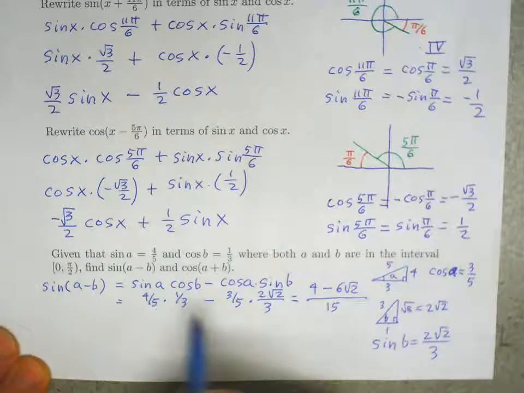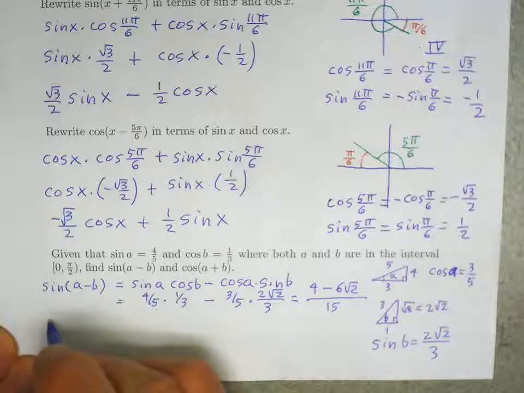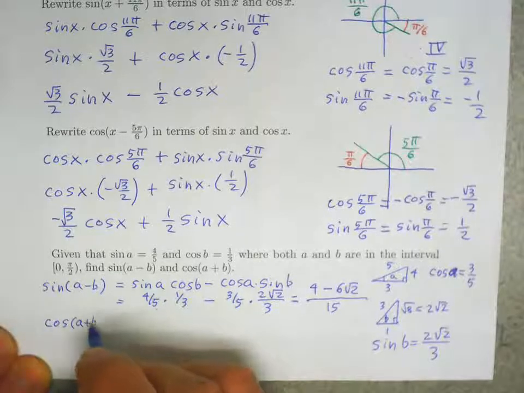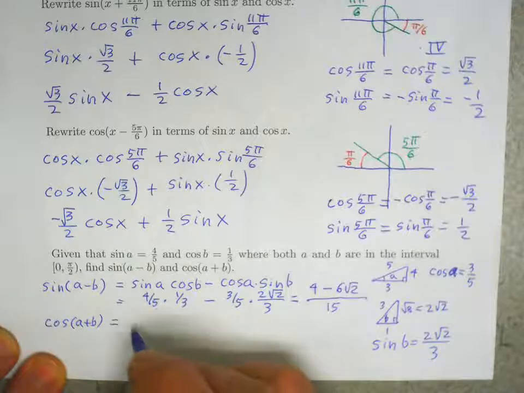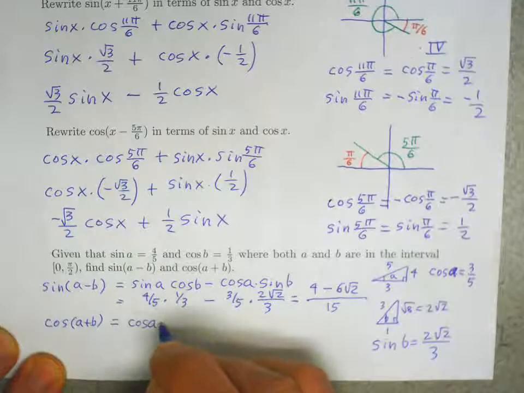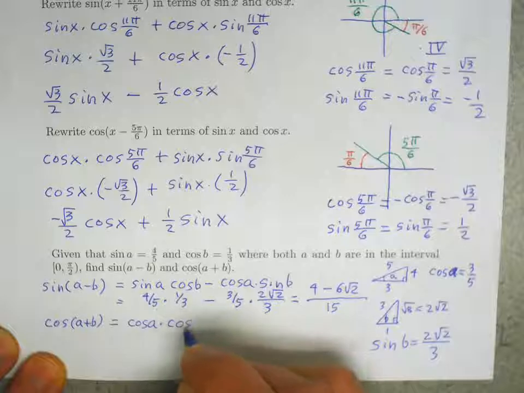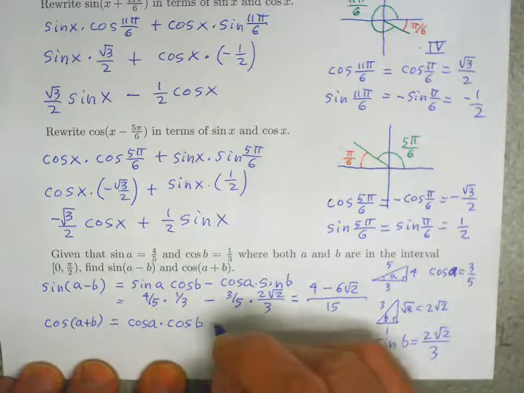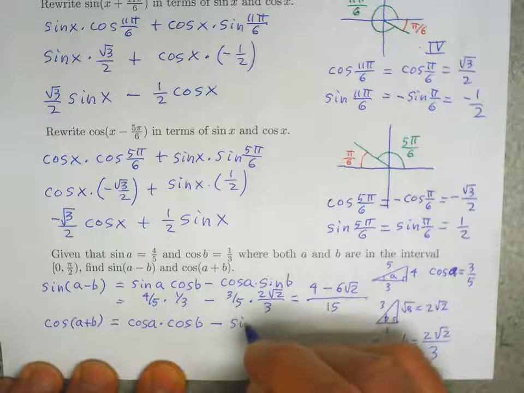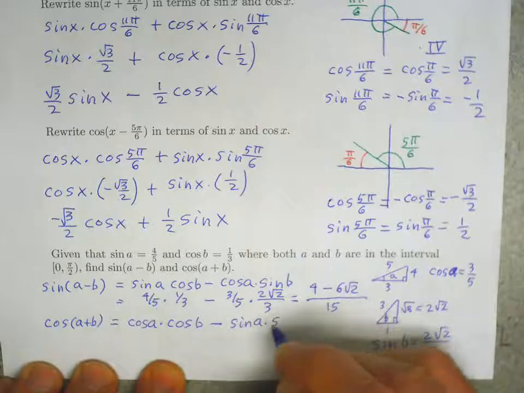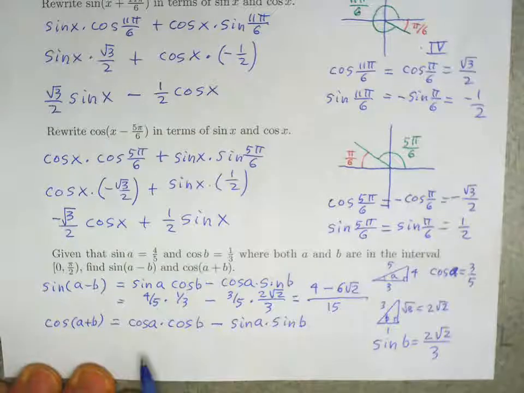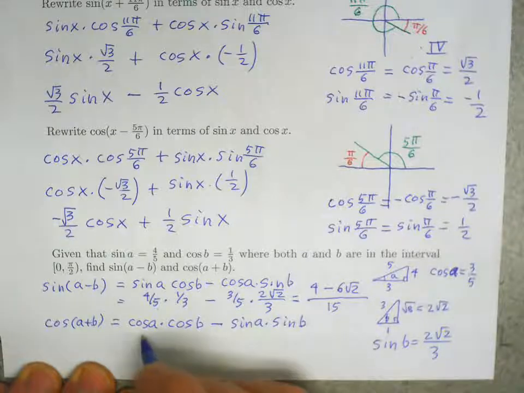Okay, the next one, cosine of A plus B. This is cosine of A times cosine of B minus sine of A times sine of B. Cosine of A, we found that to be 3/5.